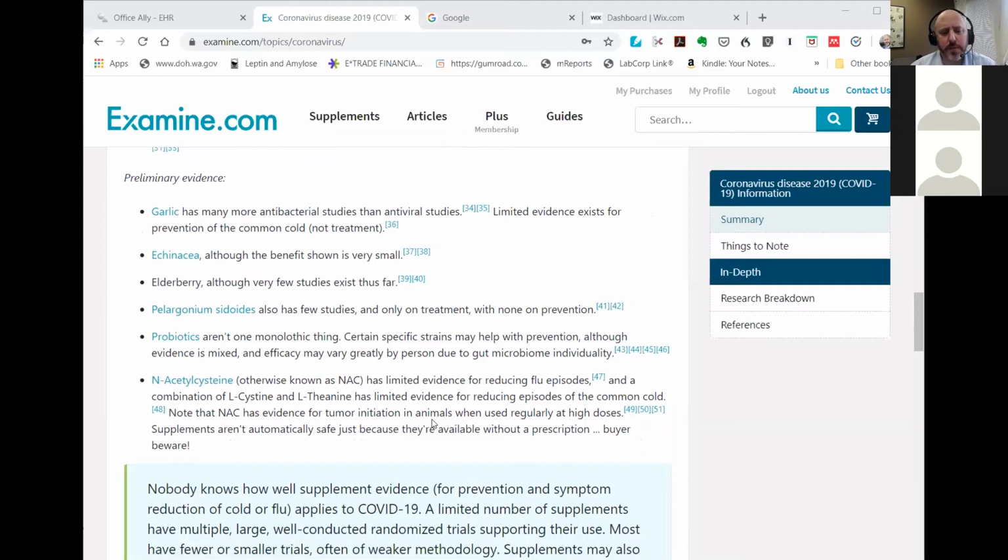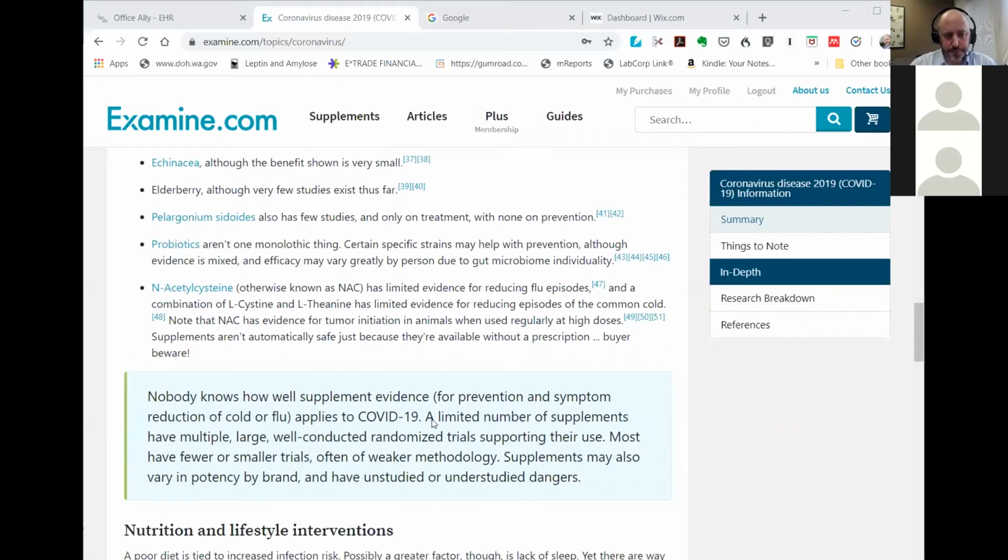So if the virus does start using mucus to hang around and cause inflammation to distract the immune system, NAC is really good for helping that. Also, NAC is a precursor to glutathione.